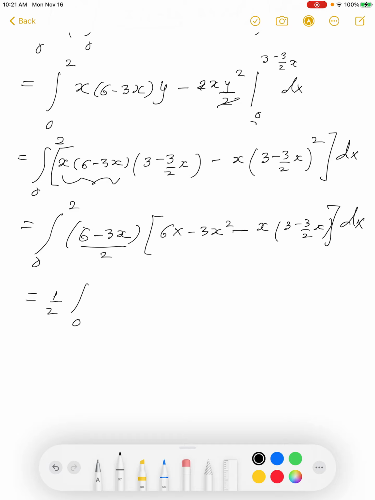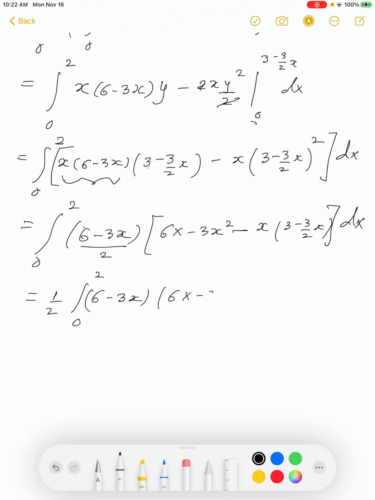So 1/2 integral 0 to 2 of 6 minus 3x. Good. And then inside, what do you get? Yeah, so I have taken out a 2, so that's how I get 6 minus 3x, which I multiplied by x, so I got that.